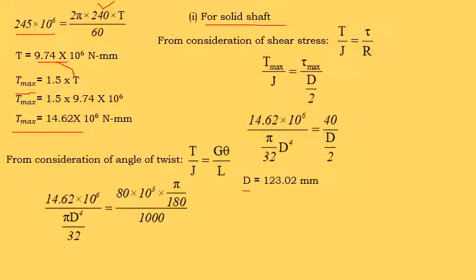So T max is 14.62 into 10 to the power of 6, and this is polar moment of inertia equation, and the G value given is 80 into 10 to the power of 3, and theta in terms of degree is given, therefore 1 into pi by 180 to convert it into radian, and length is 1000 millimeter. In this equation, after solving, we got capital D value 101.62 millimeter.